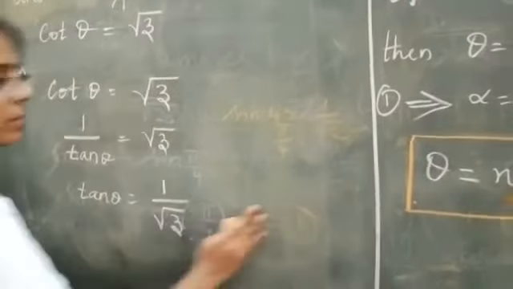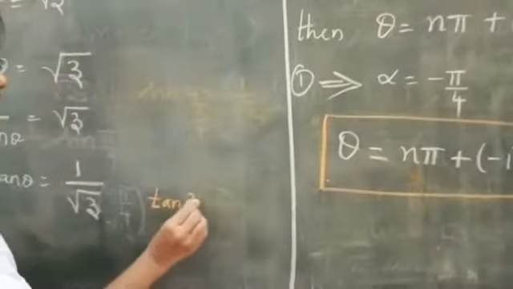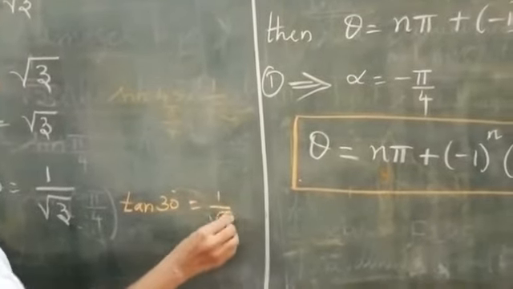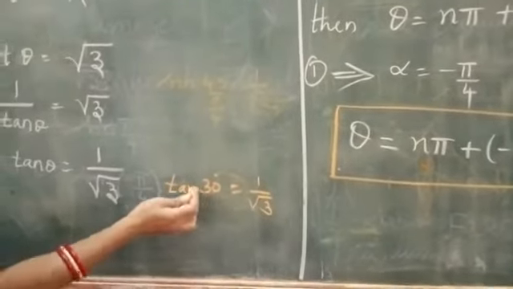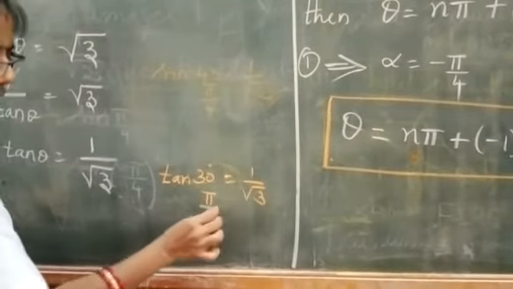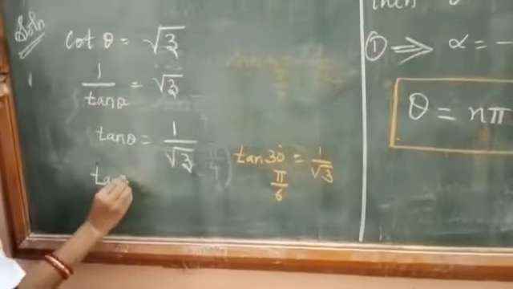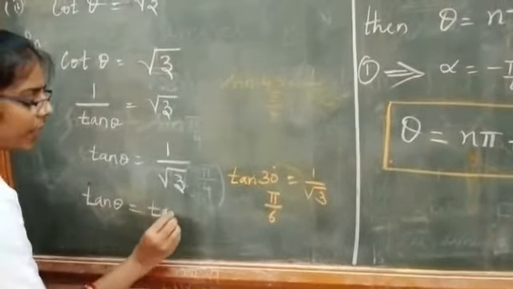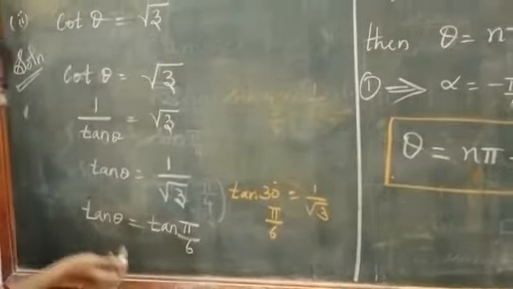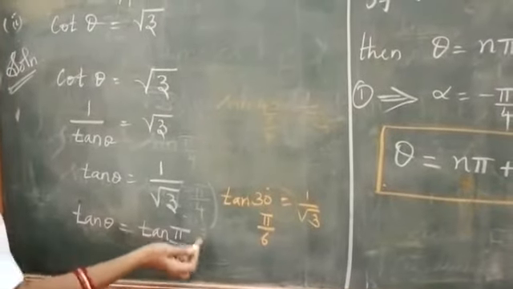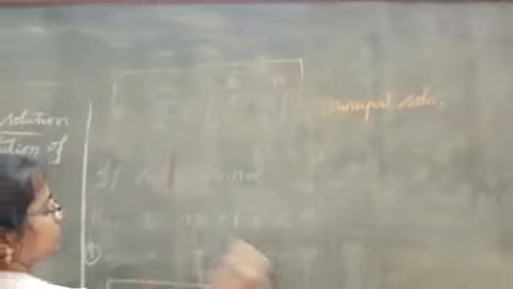And you know that the value of tan 30 is 1 divided by root 3. In terms of radians, when you write 30 degree, it will be pi by 6. So we can write tan theta is equal to tan pi by 6. So in the place of theta, we have got pi by 6. So we can write theta is equal to pi by 6.